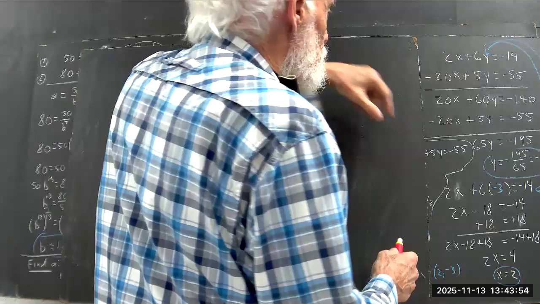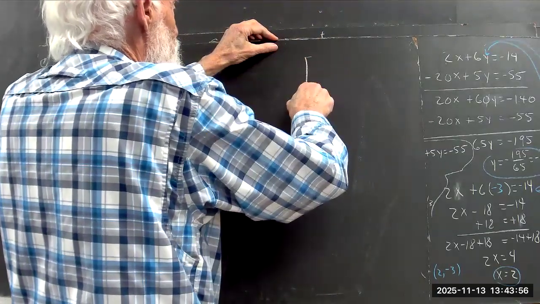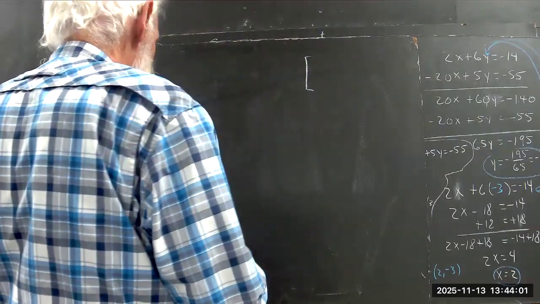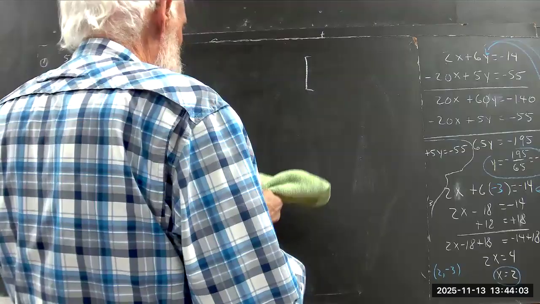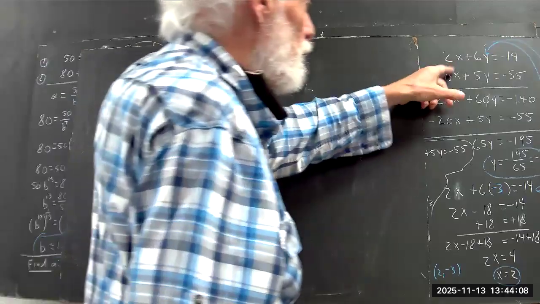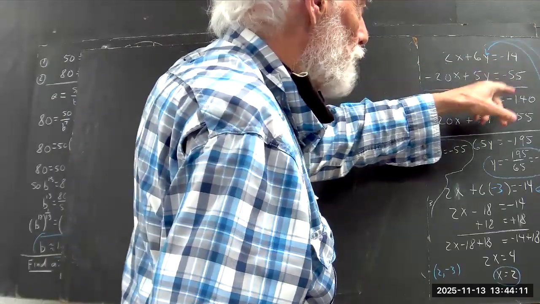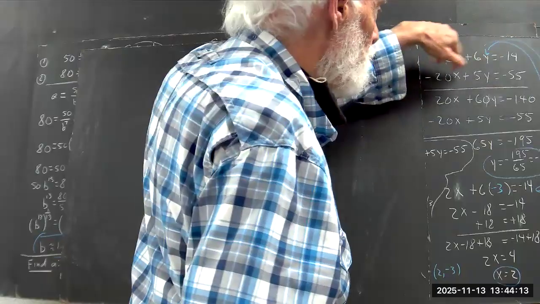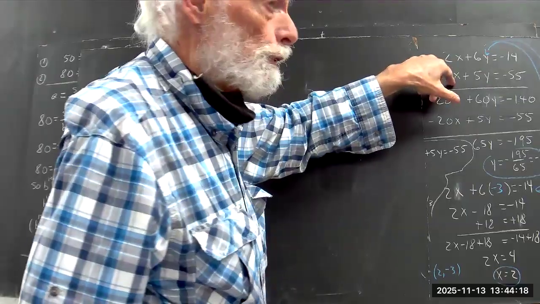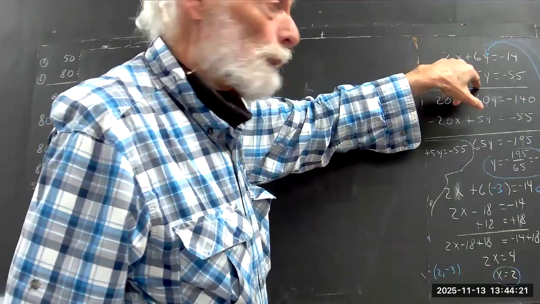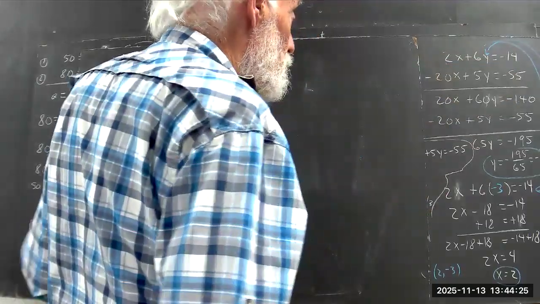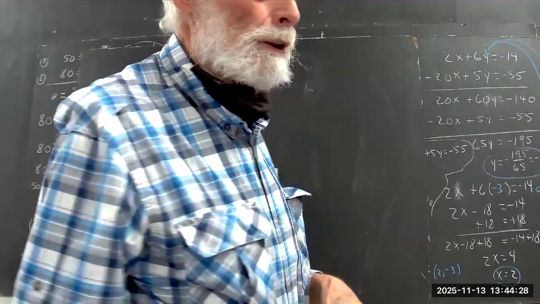Okay, this equation, 2x plus 6y equals 4, could be represented, and this is exactly what I said previously. You don't really need the x and the y and the equal sign. All you really need is the numbers, if you understand that the numbers in your first column represent the coefficients of x, numbers in your second column represent the coefficients of y, numbers in your third column represent the numbers to the right of the equal sign.